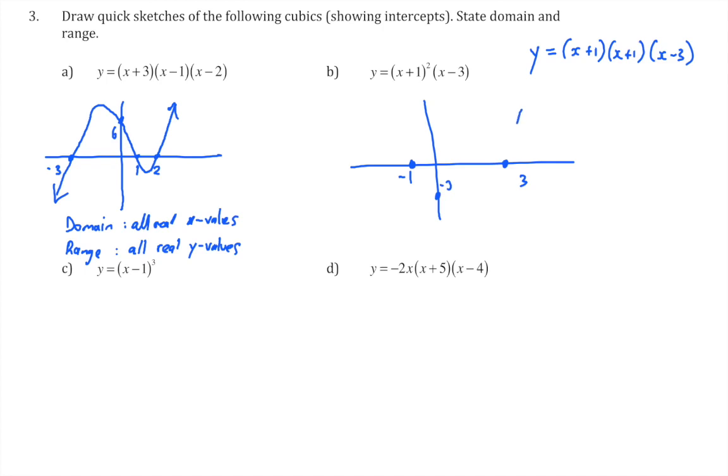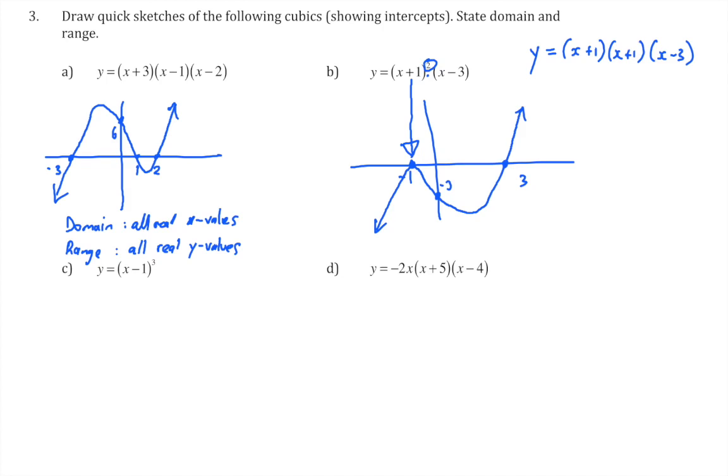So we know it's positive, so it's heading upwards on the right. And it bounces off. When you have a squared, that means that bracket there is the bracket that bounces off the x-axis, if you like to talk about it like that.